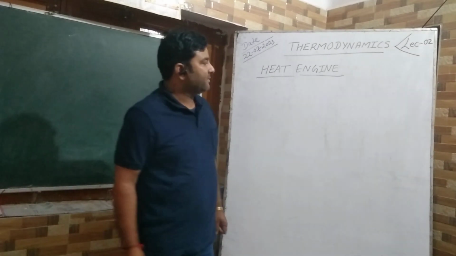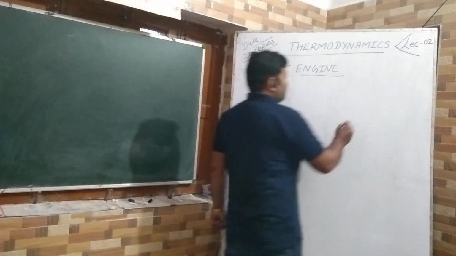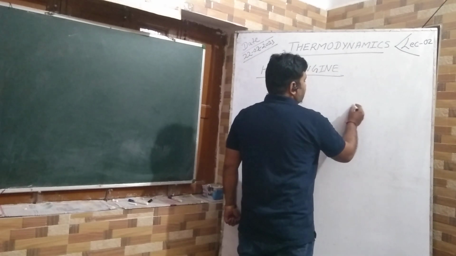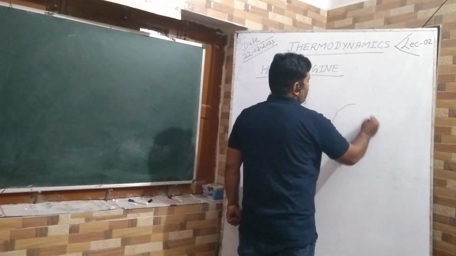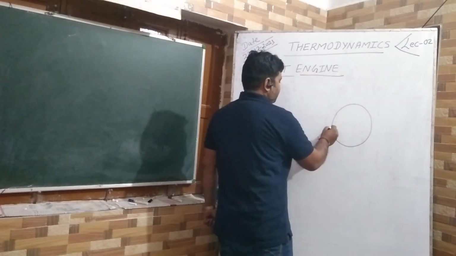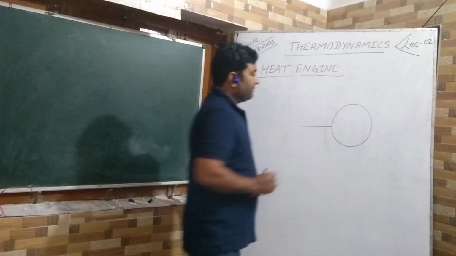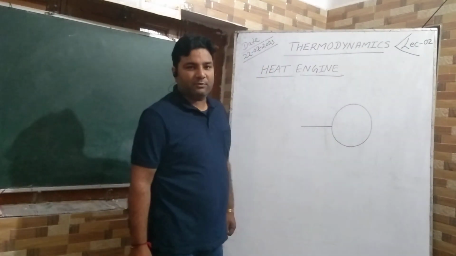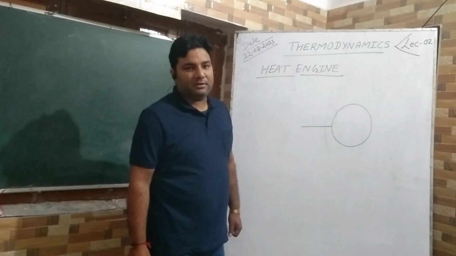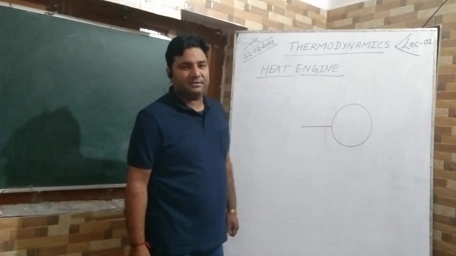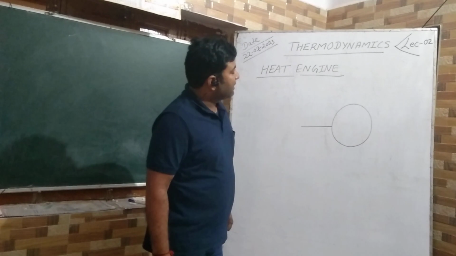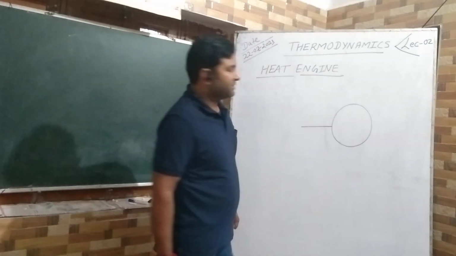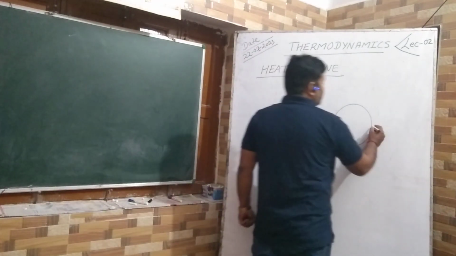Heat engine means a simple device which converts heat energy into mechanical energy. Very simple concept. Whenever the diagram concept is clear, then you can write down the definition. I will say the principal concept of heat engine and about its working. Just see how this one works.